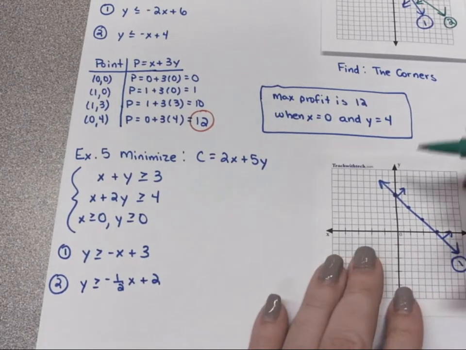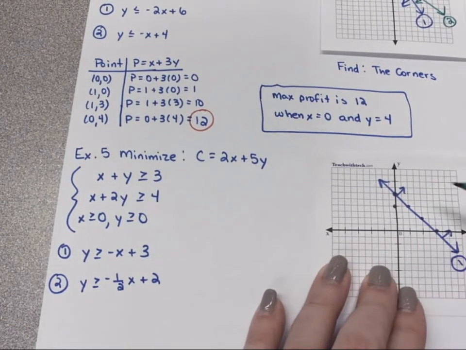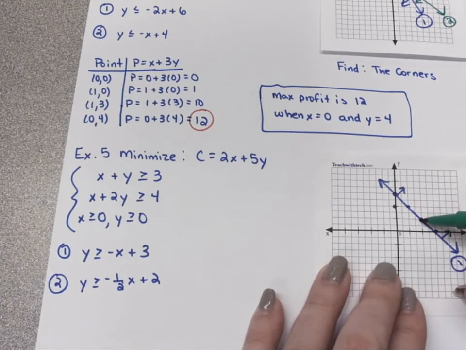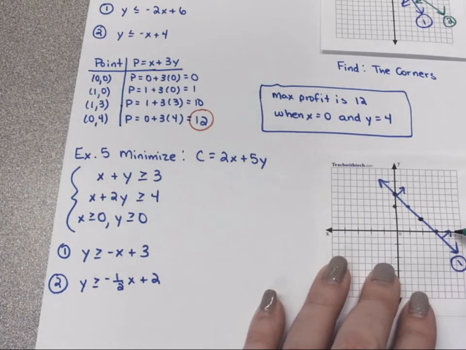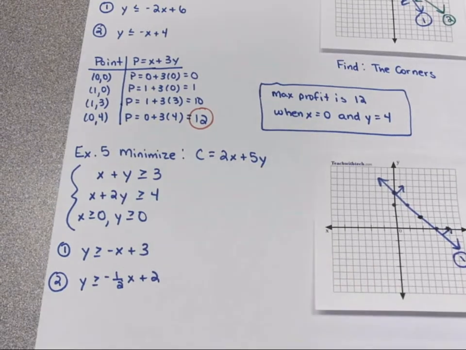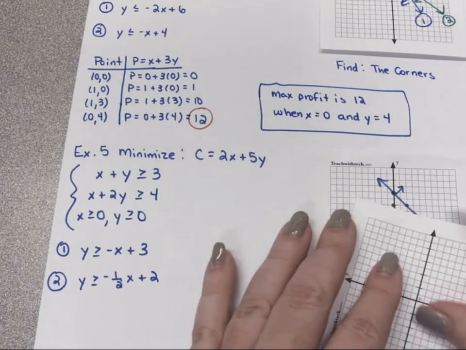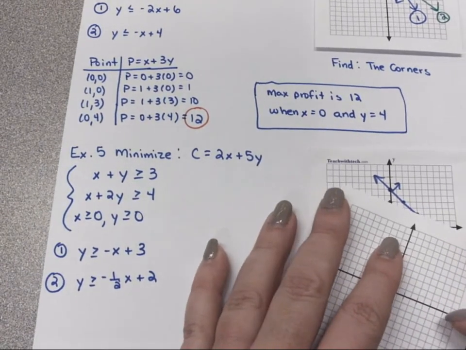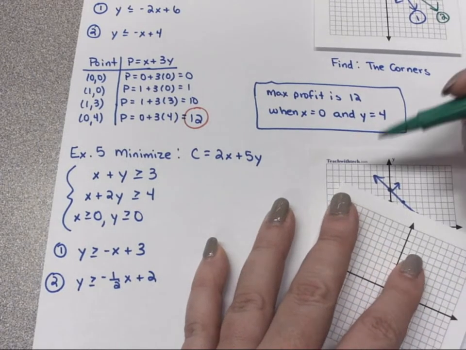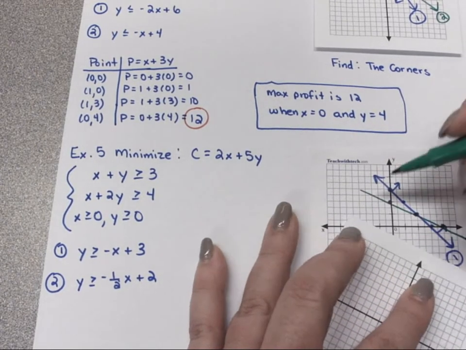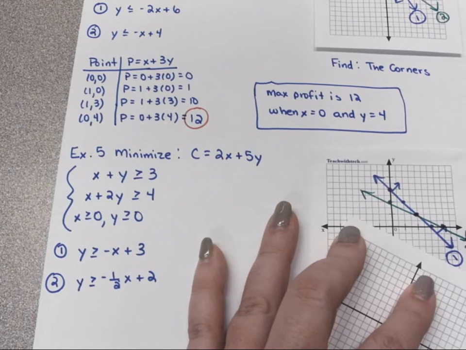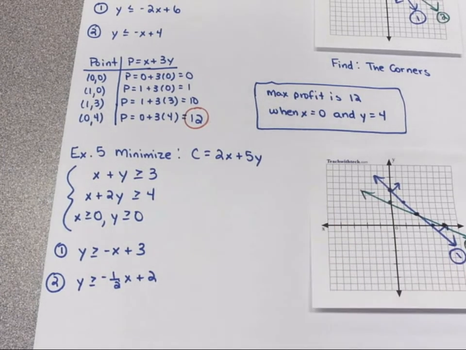So that means the y-intercept is up at 2, and I'm going down 1 and then to the left 2, down 1 and then to the left 2. So this is a shallower slope. So we end up getting this line. So this is equation number 2.